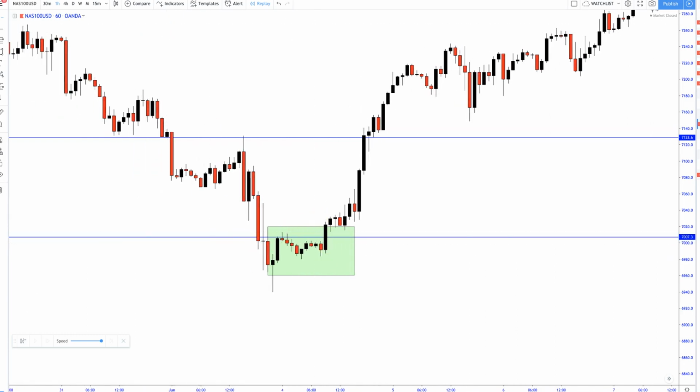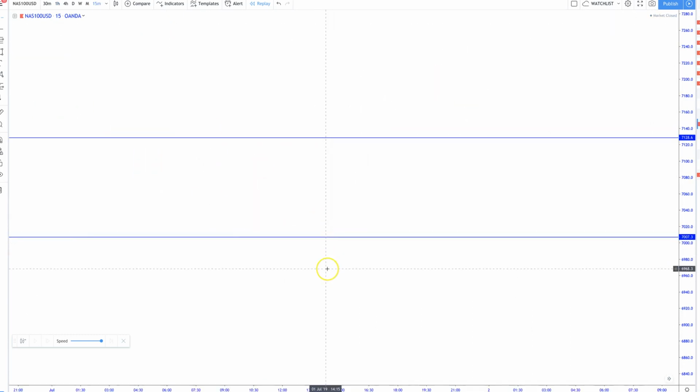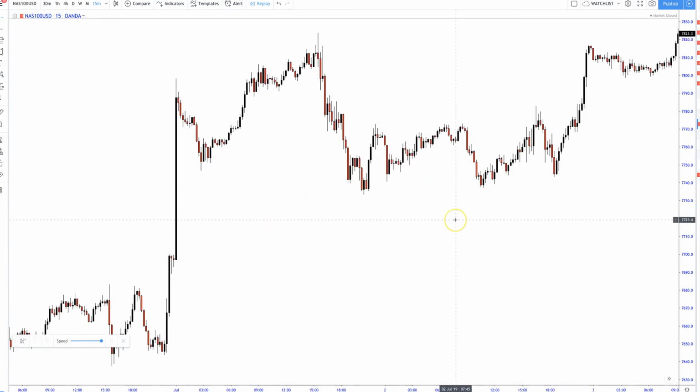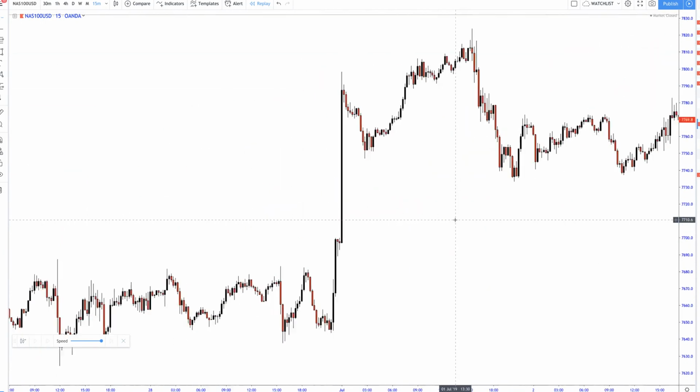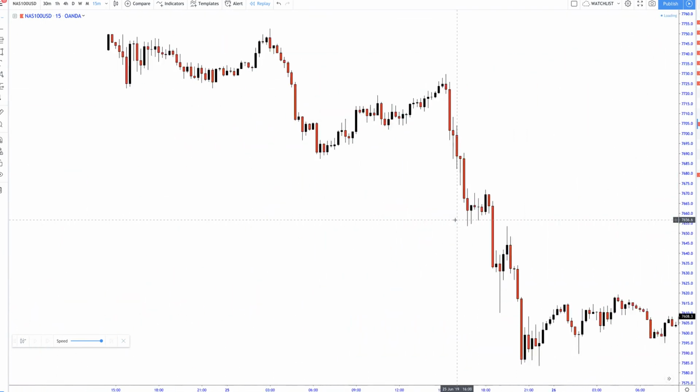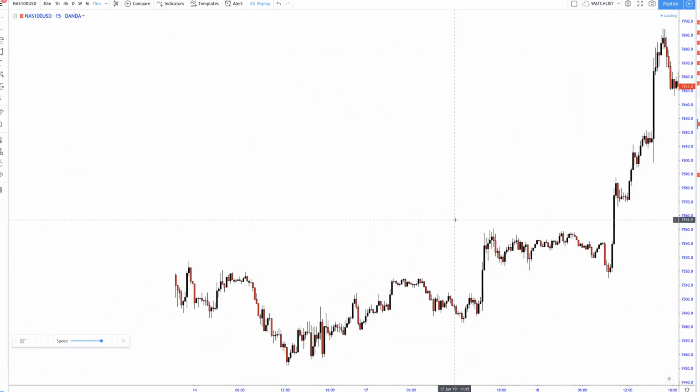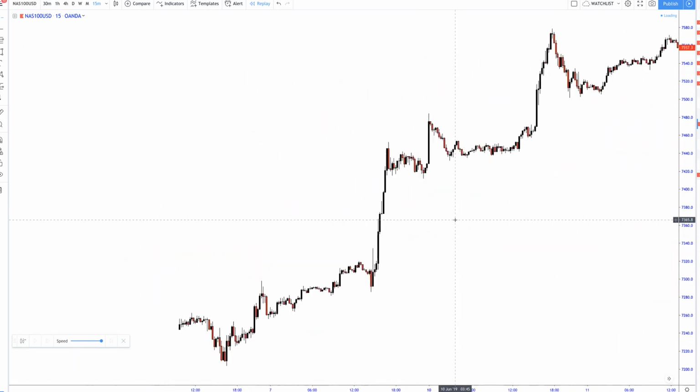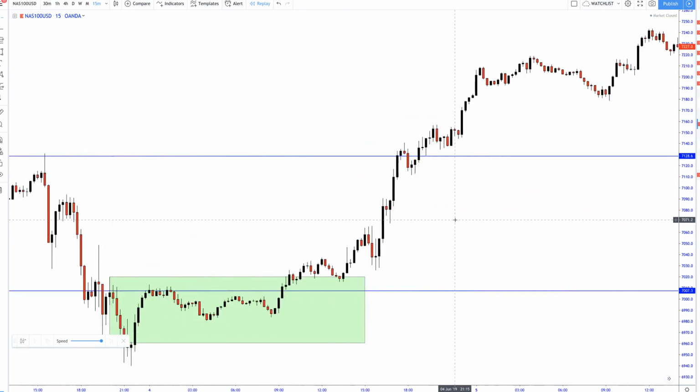So from the 1 hour, go straight down to the 15 minute. Once you've identified that break candle, okay, where my candles at? Okay.